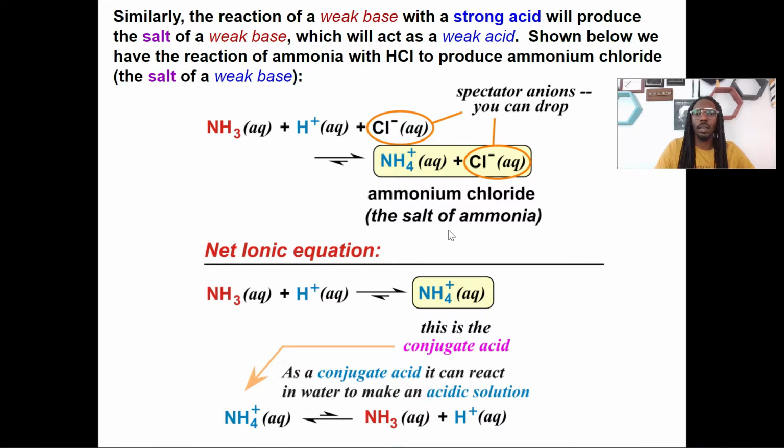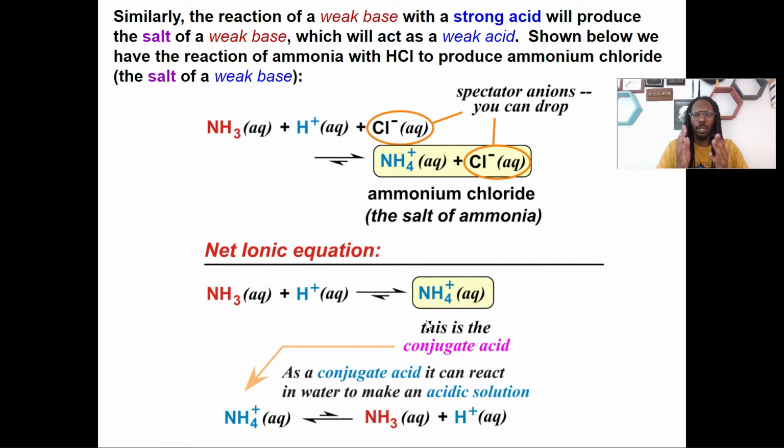This is our salt. In this case, the salt of this weak base is actually our conjugate acid, NH4+. When we look at our net ionic equation down here, NH3 plus H+ are the things that are actually making this conjugate acid, and we get our NH4+, our conjugate acid.